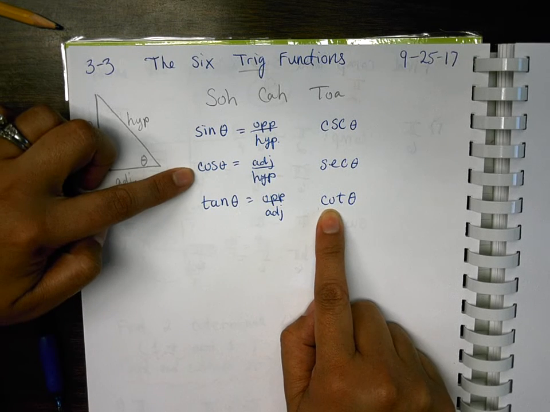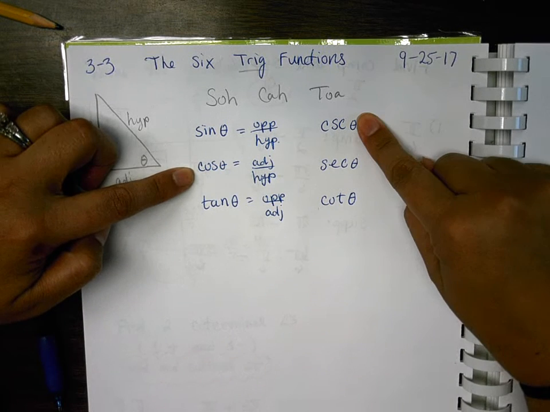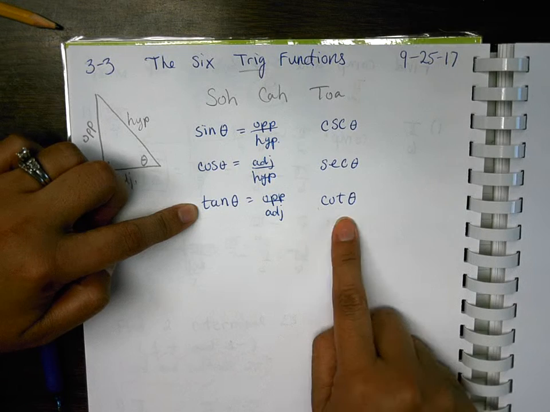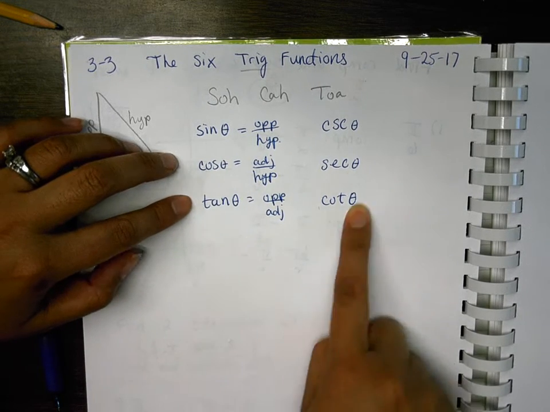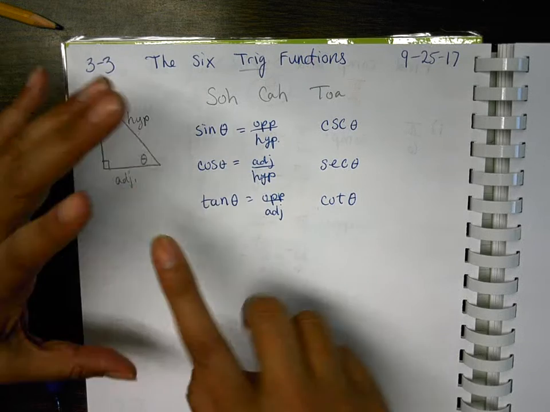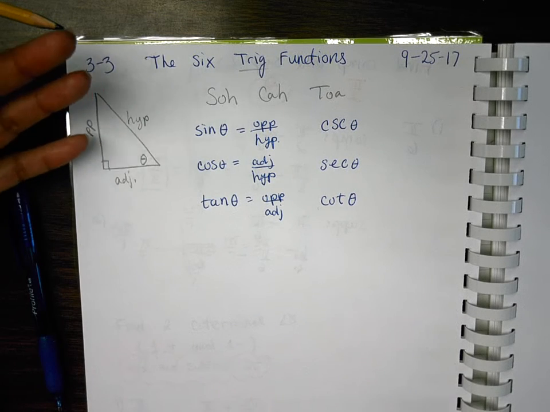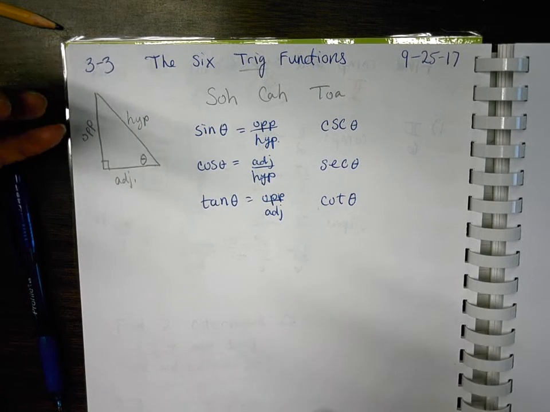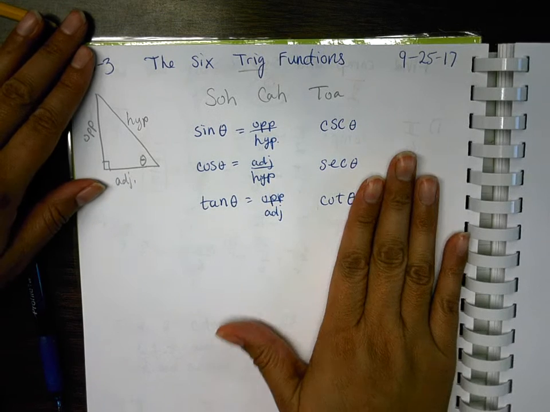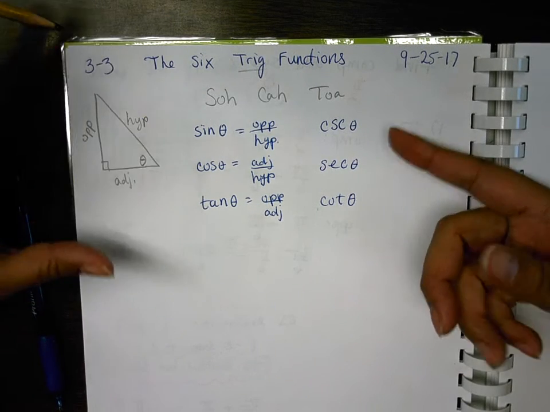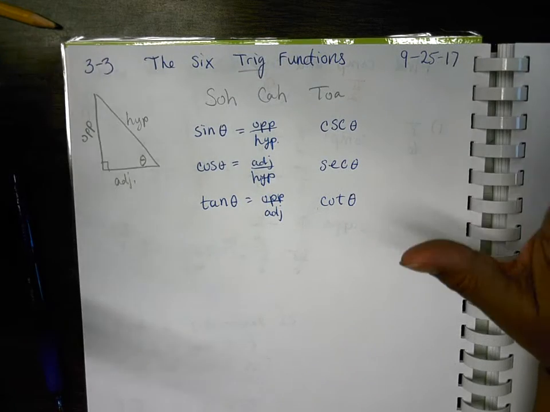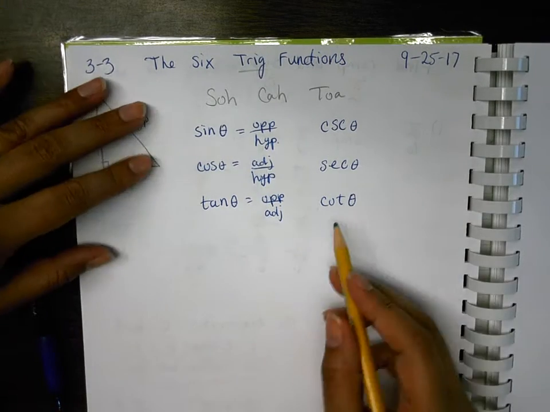Sine, cosine, secant, cosecant, tangent, cotangent. The reason I point that out is because there is a reason these are named the way they are. They are called co-functions. That's why you hear the cosine, cosecant, cotangent. We will not get to co-functions for a few more days, but for now, just keep it in mind. When we get there, you know what it stands for. For now, reciprocal functions.